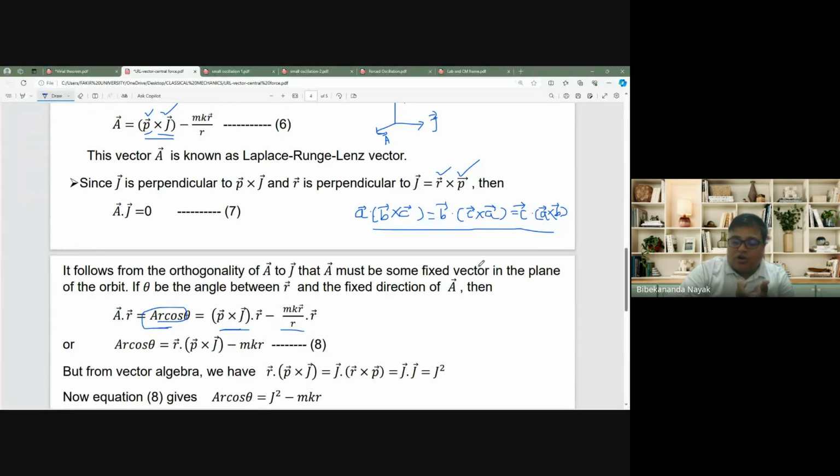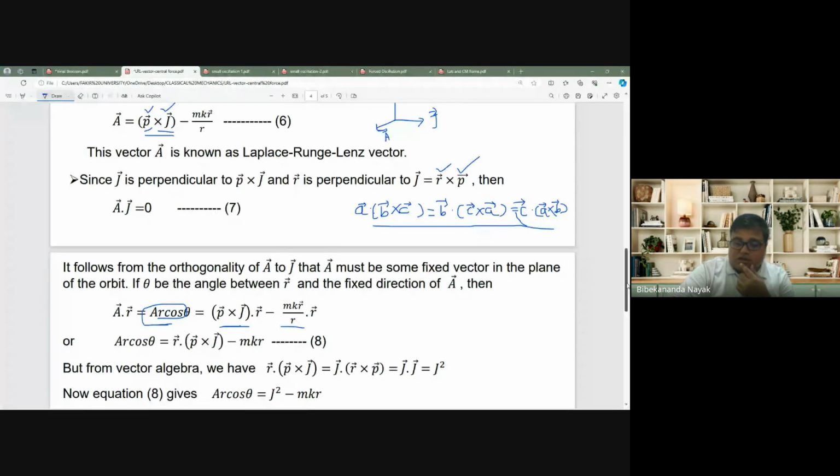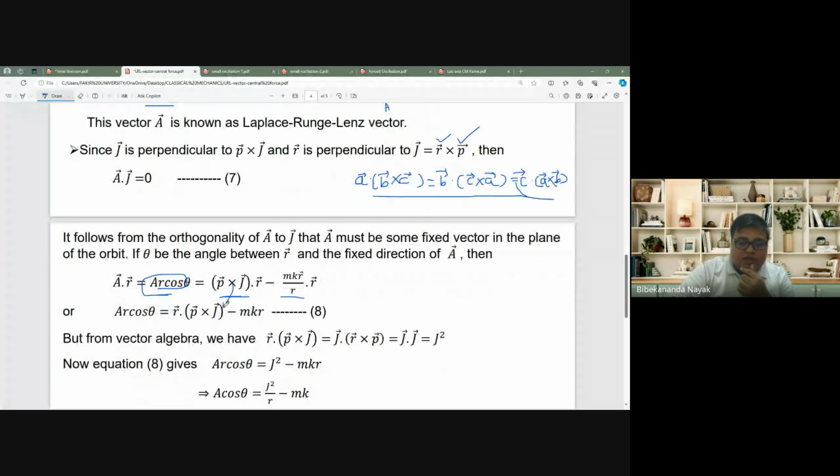Here we have the form P cross J dot r, of the form A cross B dot C. The dot product is commutative, so A dot B is equal to B dot A. So we can write this as r dot P cross J. In the first step, we use that the dot product is commutative.